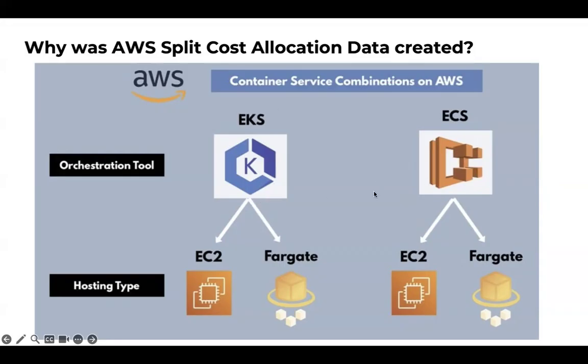Both these methods have either the serverless mode or the server-based mode. The serverless mode is called Fargate, and the server-based mode is called ECS on EC2 or EKS on EC2. So there are really four methods: EKS on EC2, EKS with Fargate, ECS on EC2, and ECS with Fargate.